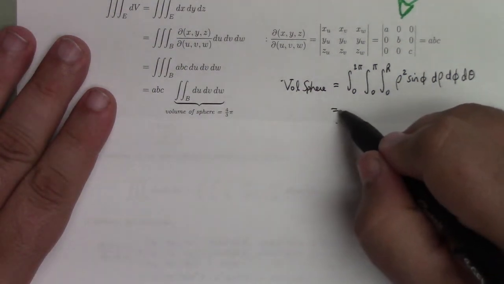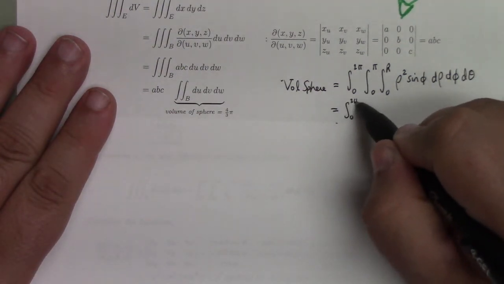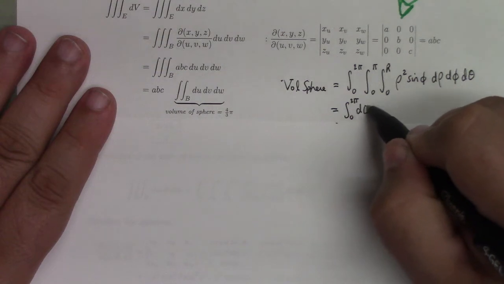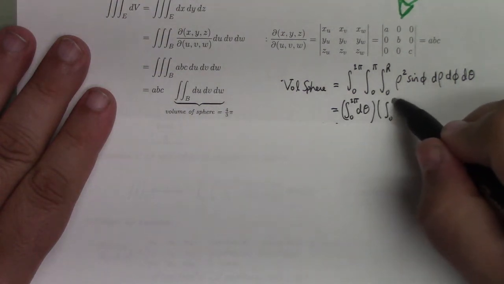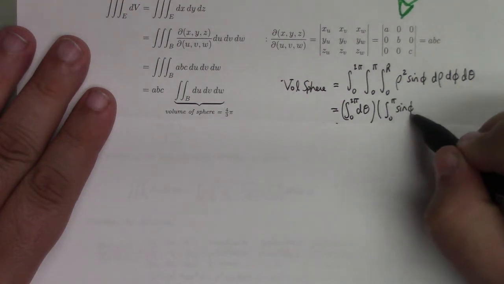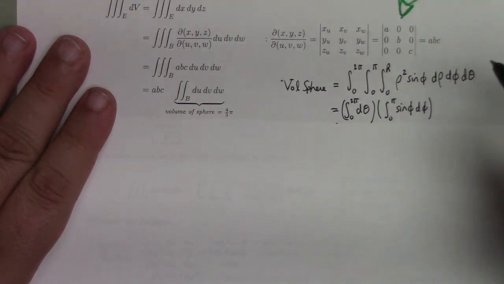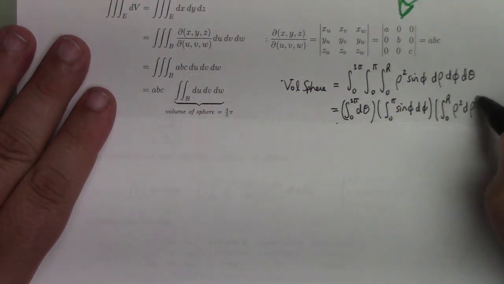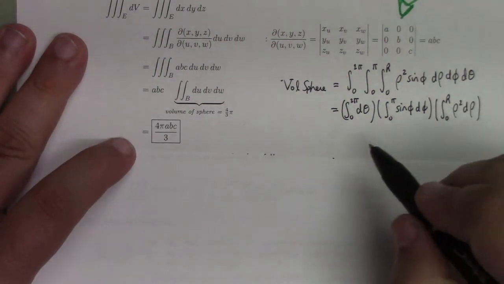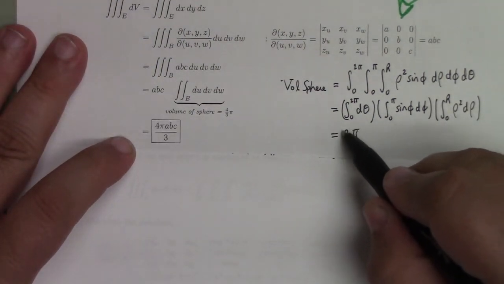Alright? So since there's no dependence, I can do the theta integral first. I can do the phi integral second. Just got to put all my phi stuff together. And I can do my rho integral over here. That's lonesome. And when I do that, I get 2 pi.